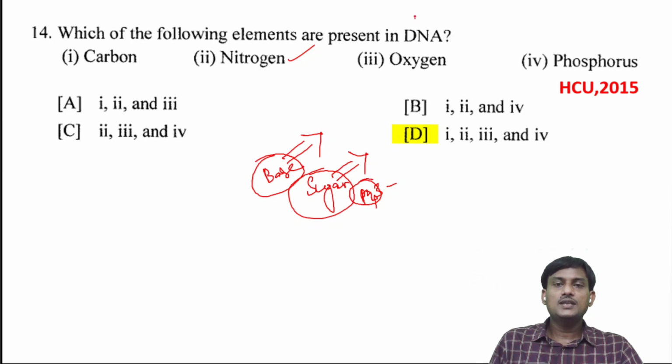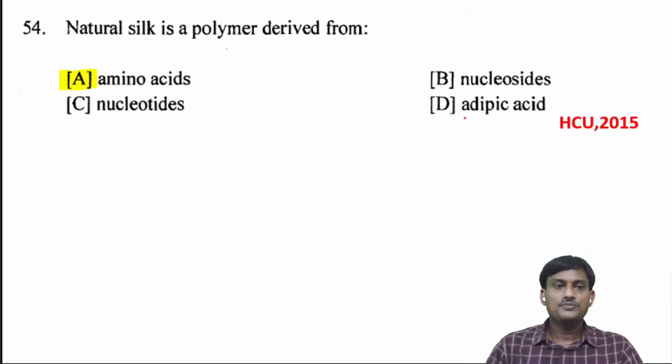So in DNA you can find carbon, nitrogen, oxygen, and phosphorus. All these elements you can find in DNA.